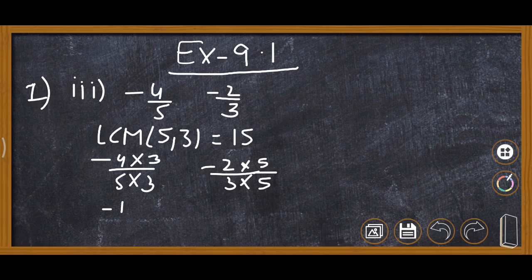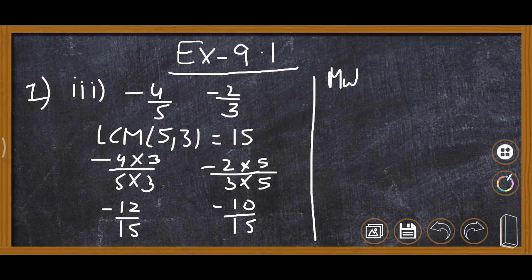Now you can see it is -12 upon 15, and this is -10 upon 15. Now only one number is there, -11 upon 15, so we cannot write only one. We are required to write 5 rational numbers.